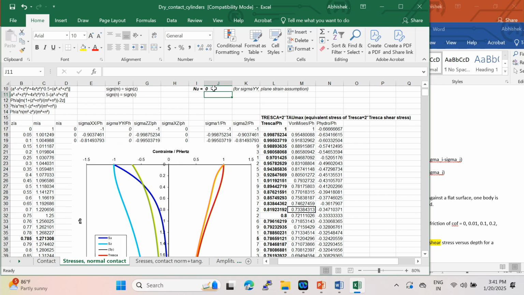Okay. And then you can see this time that the maximum stress for a frictionless contact is not below the surface, it is at the surface. In fact, this is very useful for me because I used to do that with my students with finite element software, mostly with Abaqus.